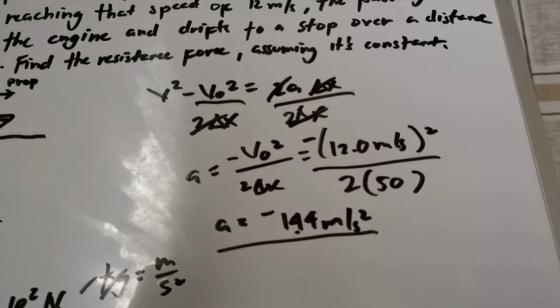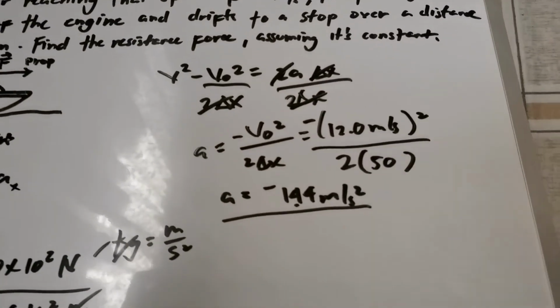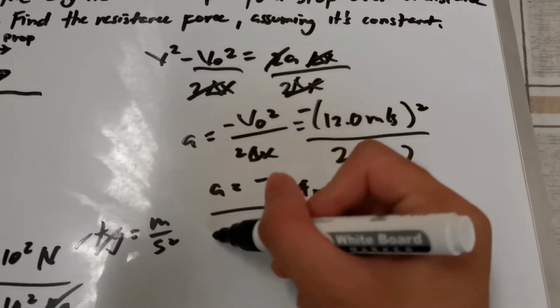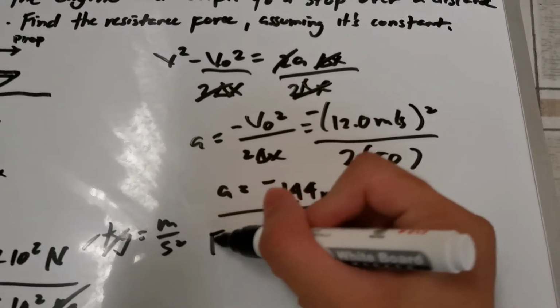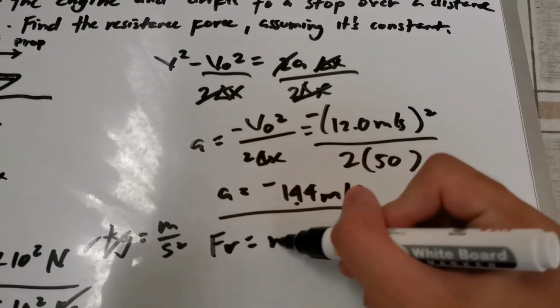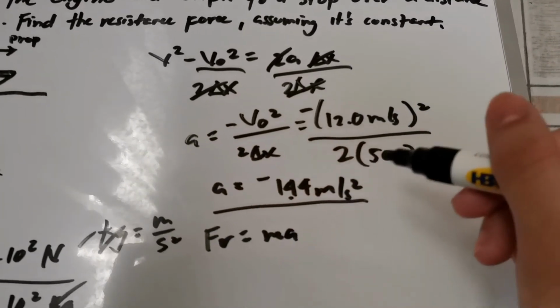Now, solving for the resisting force. The resisting force is equal to mass times acceleration.